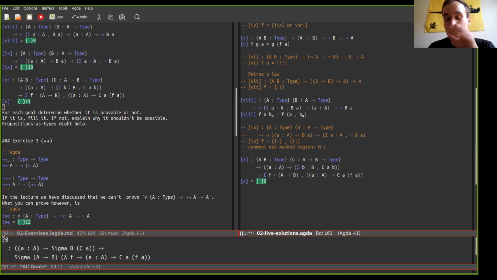But I would say this is a point where you have to take the propositions as types interpretation with a grain of salt, because this sigma really is, well, maybe you can think about it as a constructive exists, so it actually becomes provable.